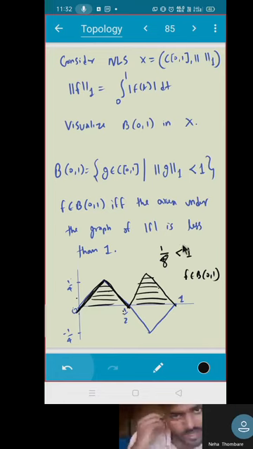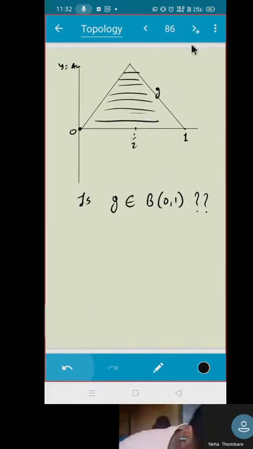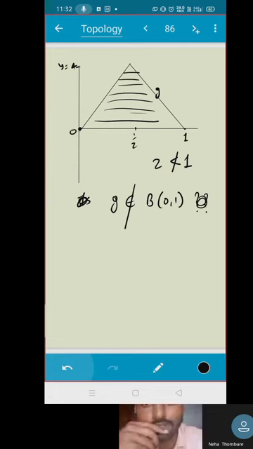Half into base into height, for a triangle. So here the area is 2. It is not less than 1. So you are going to say that G does not belong to B0. Is that okay? Yes, sir. Yeah, nice. Good.